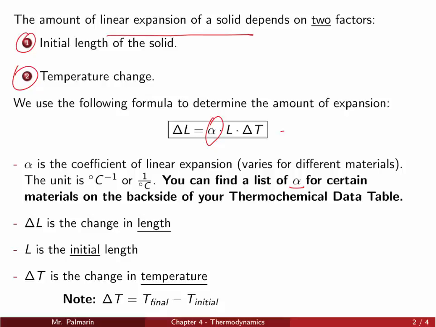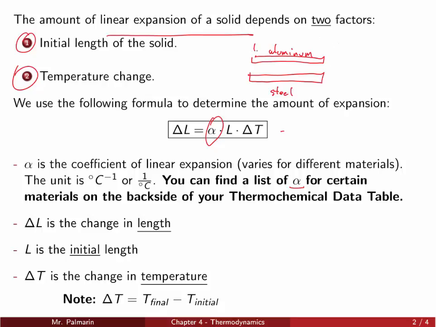This is basically how it works. Let's suppose you have some steel here, and you measure its length. Then you have some aluminum, and the same length.